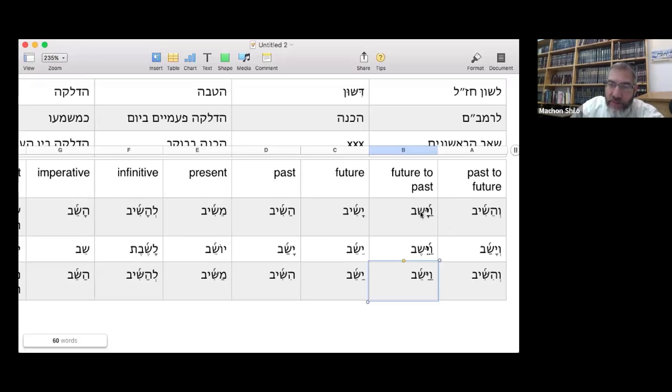If this middle letter was a yud, for example, you could expect to find a chirik underneath it. Or if it was a guttural letter, you'd expect to find a patach over here. But because these are two ordinary consonants, the epenthetic vowel that fills the syllable is a segol. So this is vayashev. He returned something, or he retrieved it.